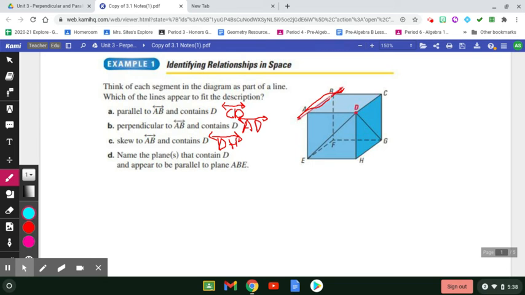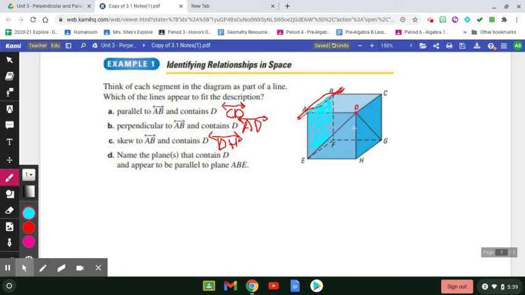All right, so ABE is this plane over here. So think of it as just like this side of our cube. Okay, so it has to be parallel to that plane, but it also has to contain point D. So when I take a look at that, I'm thinking it's got to be this section over here.